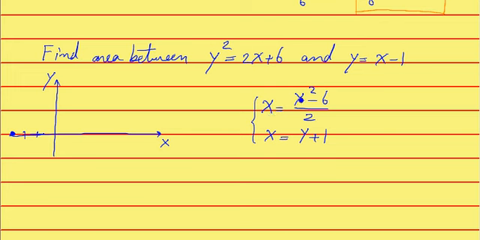When x is 0, y is plus or minus square root of 6. That is like 2.2 or something. So we have one parabola here, x is equal to y squared minus 6 divided by 2.